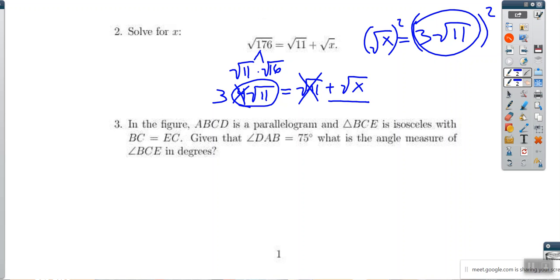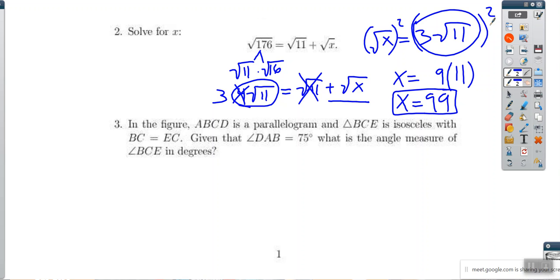So we get x is equal to 3 squared, which is 9. Square root of 11 times the square root of 11 is 11. So 9 times 11 is 99. That was fairly simple. Yeah, it's not too bad.